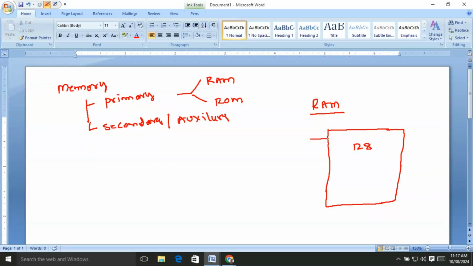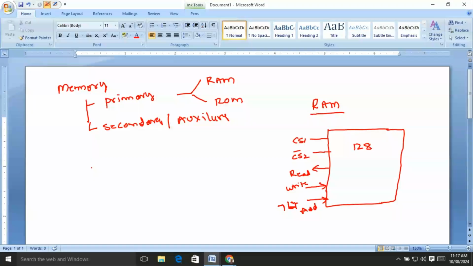Hence it consists of two chip select signals, CS1 and CS2 bar, and it also has the read signal to extract data from the RAM and the write signal to send data into the RAM. To address these 128 bytes, it has a 7-bit address line. We also wrote a truth table, depending upon the CS1 and CS2 values.